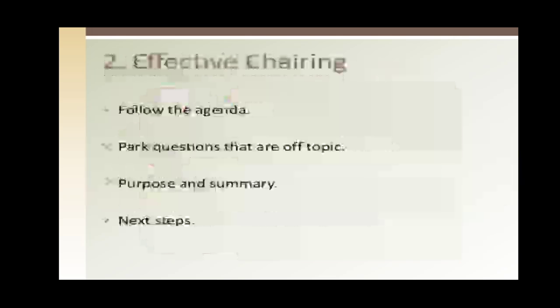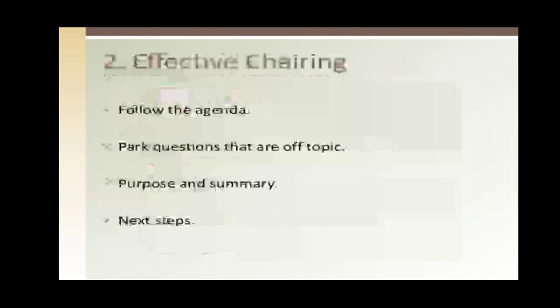The next one is effective chairing. Effective chairing means following the agenda. Sometimes while the meeting is going on, people will discuss things out of the agenda, so you have to make sure you follow the agenda. Another thing, you have to park questions that are out of the topic.